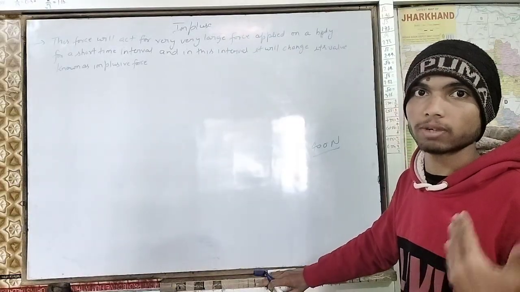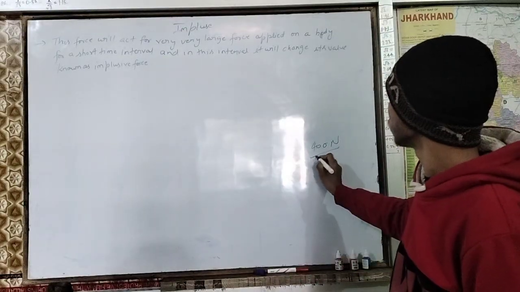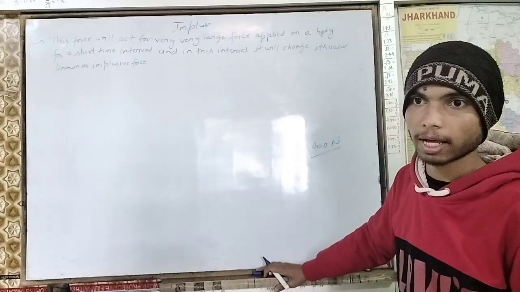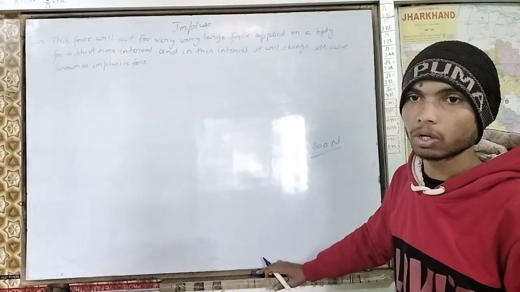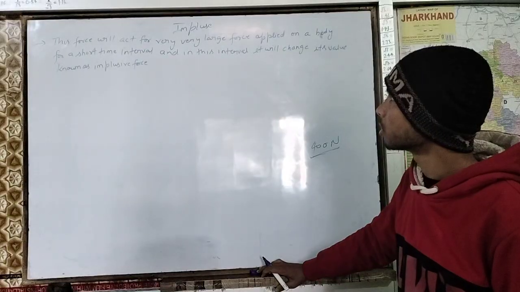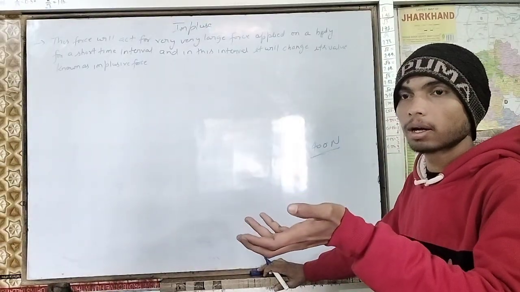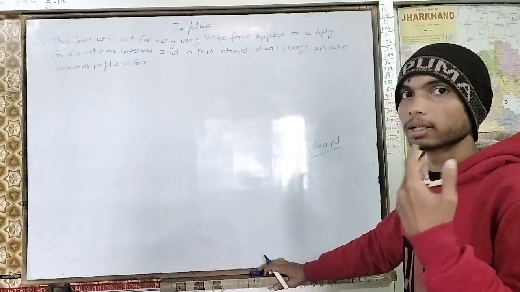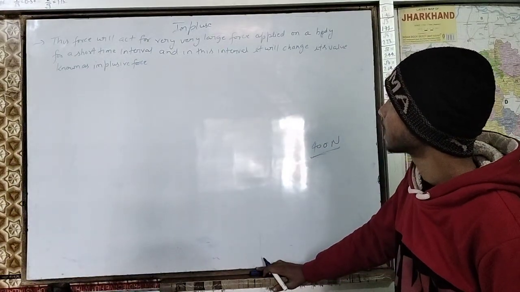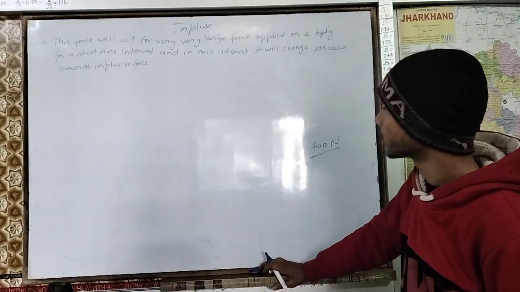When the collision happens, you will see that the object is coming again in the same direction. Return. This is a very large force applied on a body for a short time.